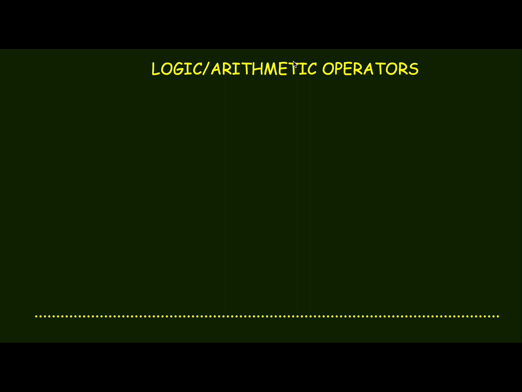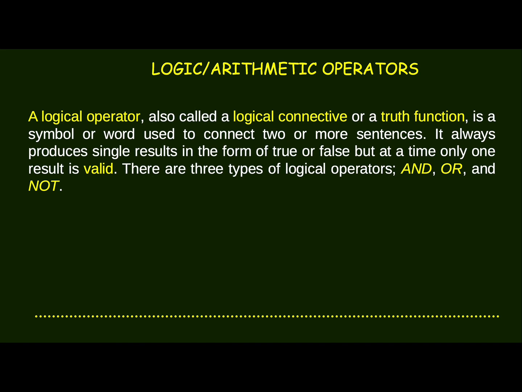Colleagues, let's look at our next basic concept in programming: logical and arithmetic operators. So what are logical operators? A logical operator, also called a logical connective or a truth function, is a symbol or word used to connect two or more sentences.